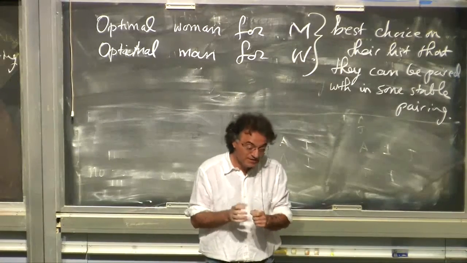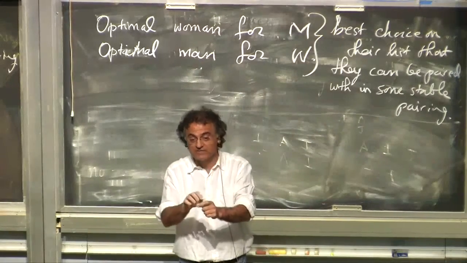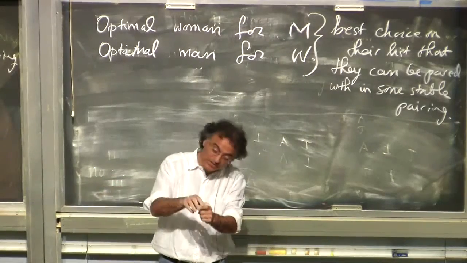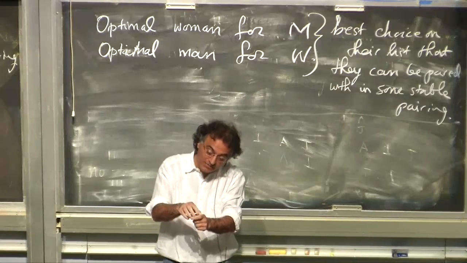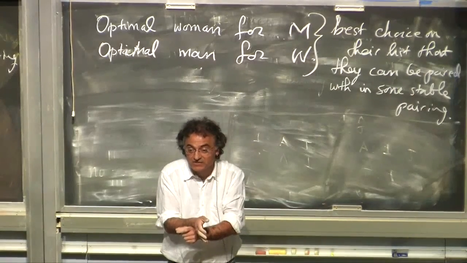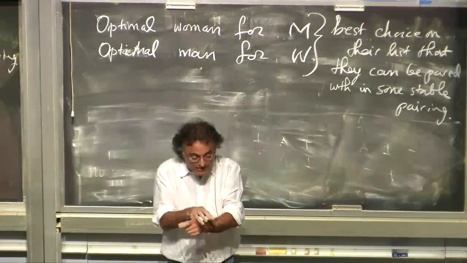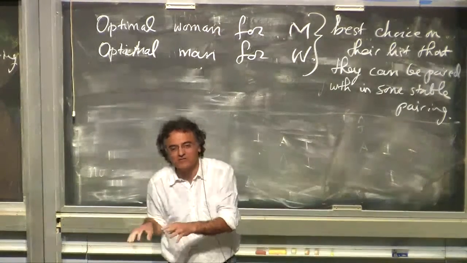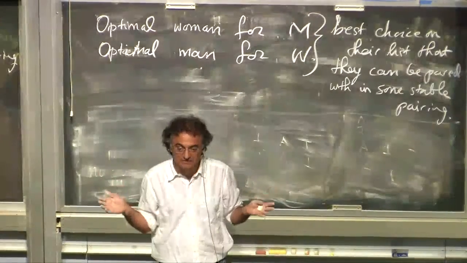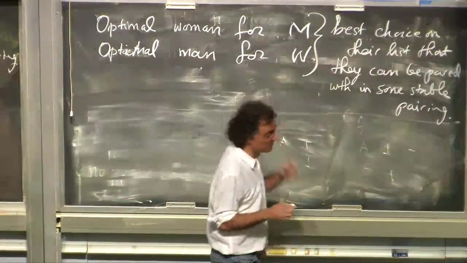It could also be that there are other stable pairings where he's paired up with somebody not as high on his list. That's fine. This one is the optimal for him. Anybody above that is not even feasible, because you put them together and there's no way of pairing up the rest so that you get a stable situation. So it's just hopeless. So that would be his optimal choice.